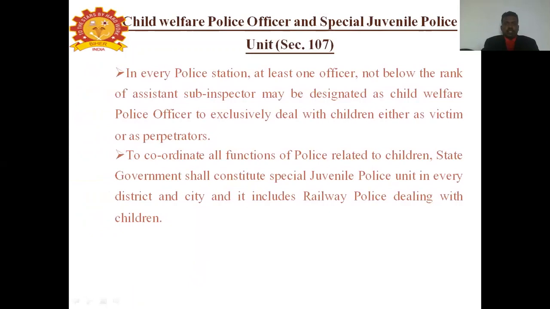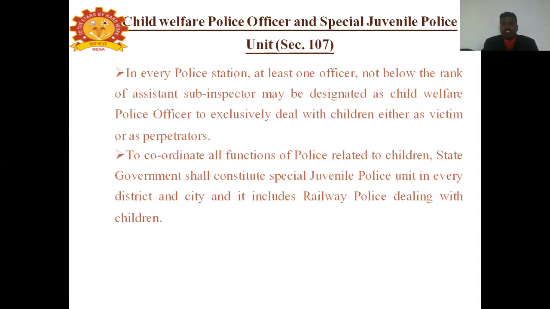So next one is child welfare police officer and special juvenile police unit, section 107. Section 107 says that in every police station, at least one officer not below the rank of assistant sub-inspector may be designated as child welfare police officer to exclusively deal with children, either as victim or as perpetrator.